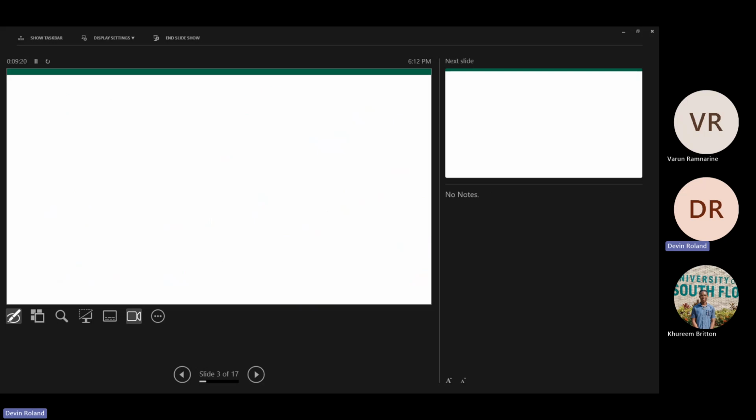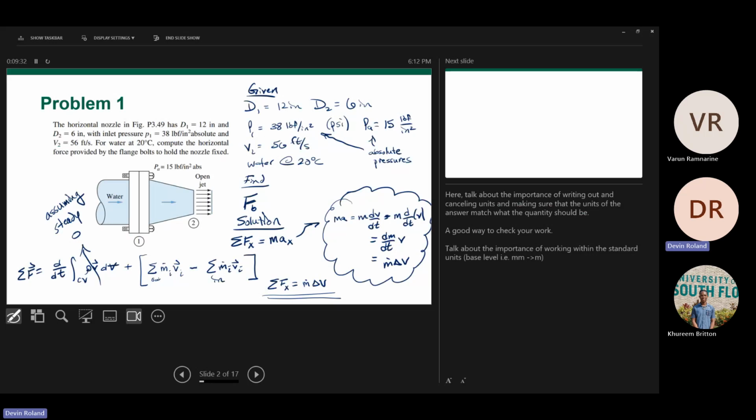Now what we need to do is look at this picture and define the control volume. I'm going to change colors, it's easier to see.